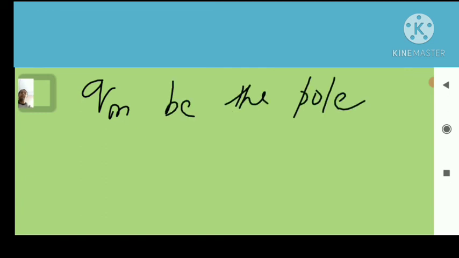So let QM be the pole strength of each pole.